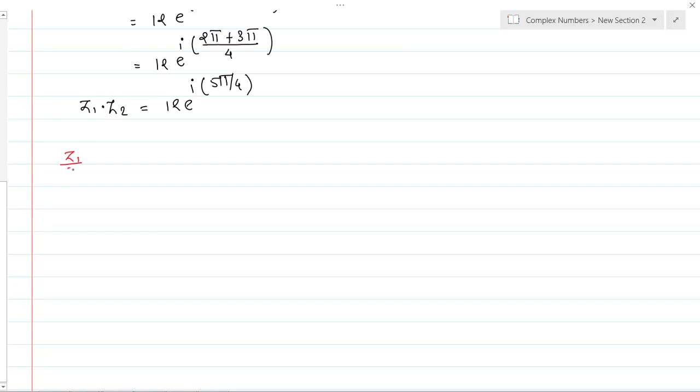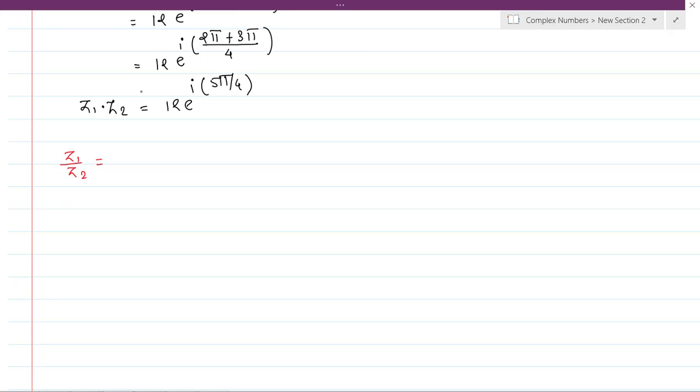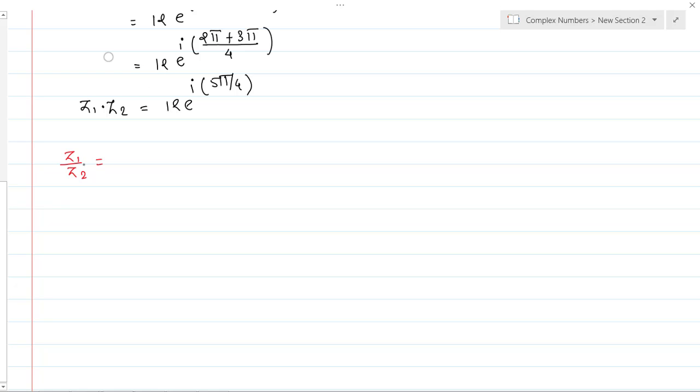For z1 by z2, in the properties of the argument we have seen that whenever you have division, what happens to their arguments? r1 e raised to i theta 1 upon r2 e raised to i theta 2. This is equal to r1 by r2 e raised to i theta 1.